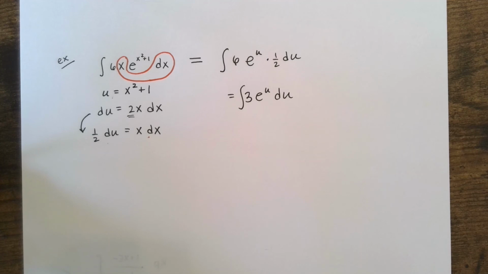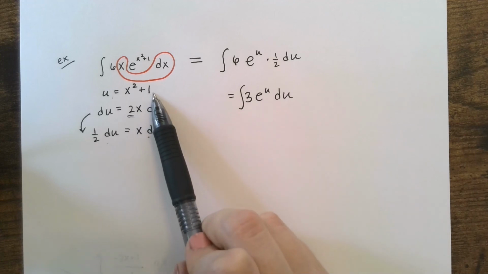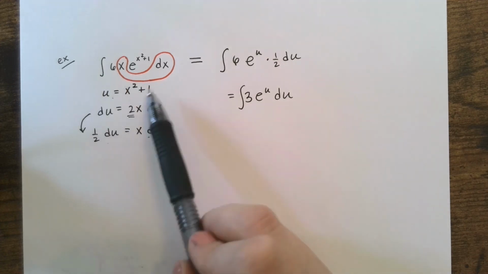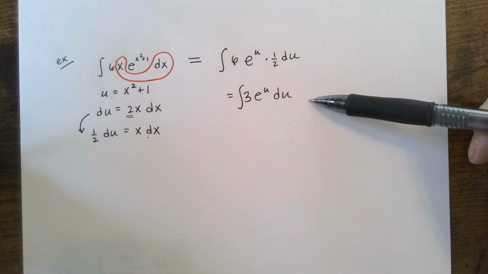And now this is something that I can integrate. So I want to pause here before I actually integrate it and point out, if you had kind of taken a guess here, right, because it's not always super obvious, if you had guessed kind of the wrong thing or something that wasn't going to work, everything would be fine until here.